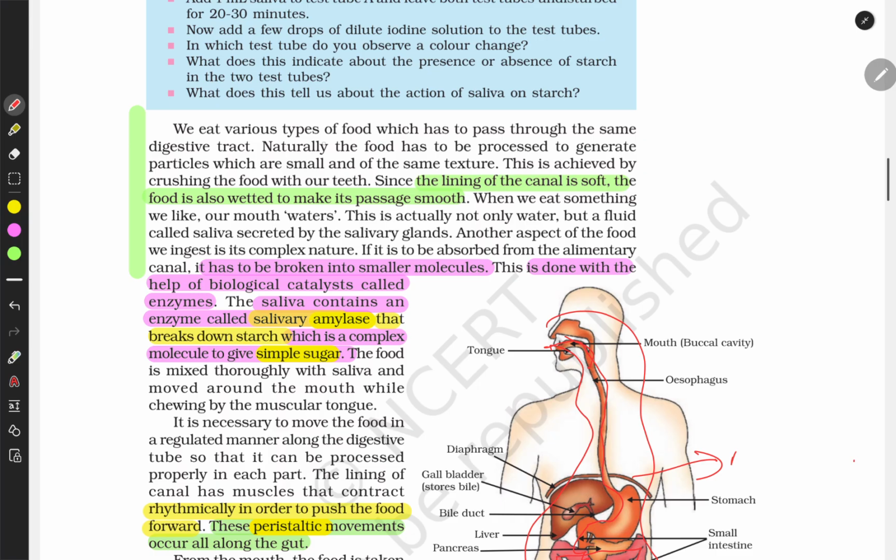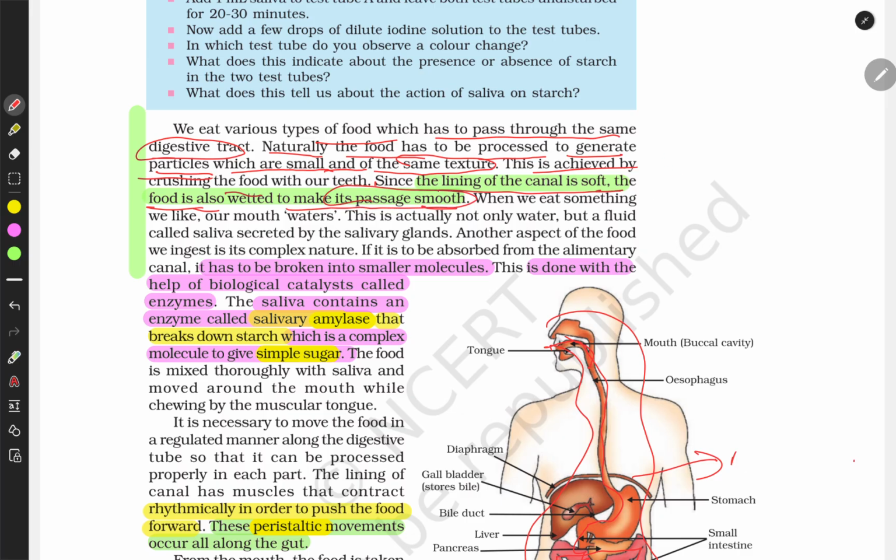We eat various types of food which have to pass through the same digestive tract. Naturally, the food has to be processed into small particles of the same texture. This is achieved by crushing the food with our teeth. Since the lining of the canal is soft, the food is also wetted to make the passage smooth.